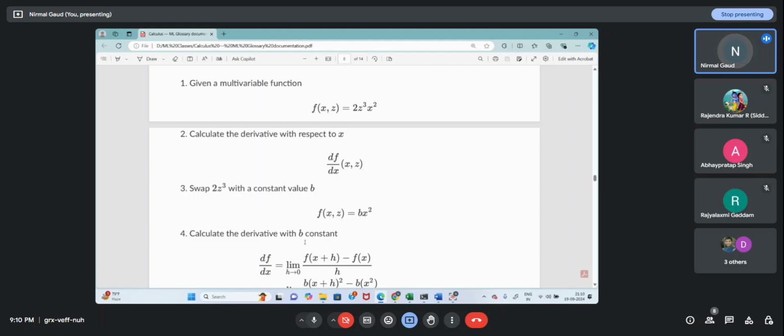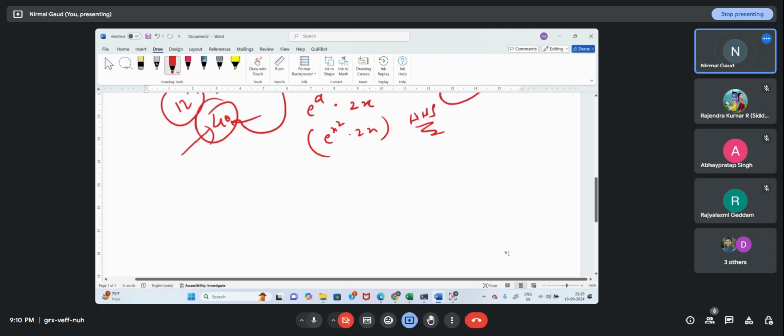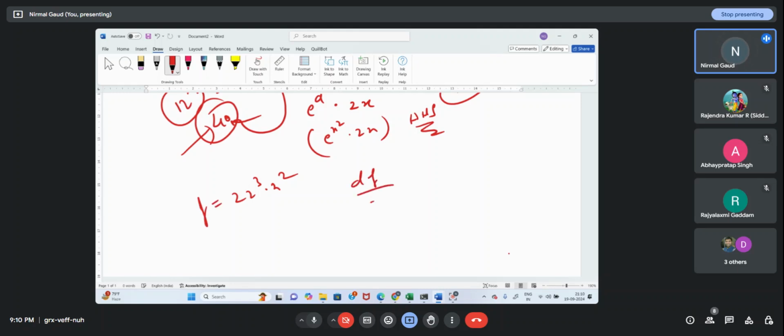So if I perform del f by del x, just check the function, 2z cube x square. This is my function. If I differentiate df by dx, in that particular case z cube will be constant. So 2z cube dot, differentiate x square.